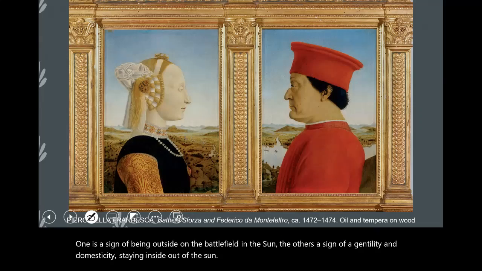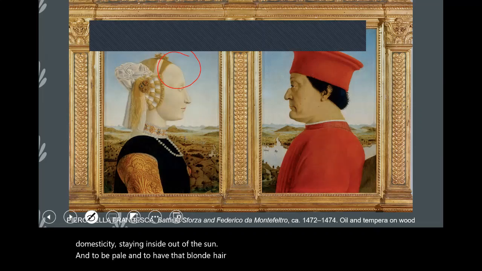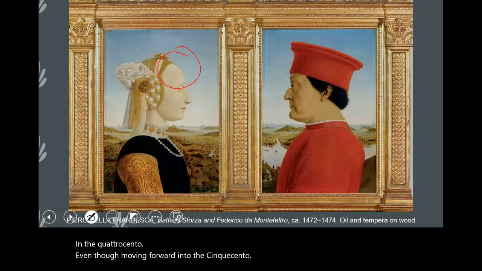And to be pale and to have that blonde hair and, yes, that hairline, that was the fashion in the Quattrocento. Even moving forward into the Cinquecento, even to England, where ladies would, in essence, shave their foreheads to have that hairline, the same as Queen Elizabeth's.